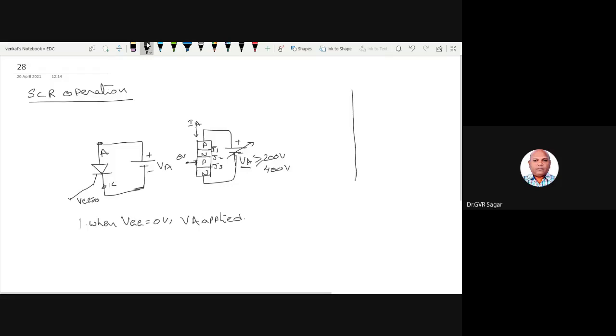These VA characteristics are drawn between the anode current IA and the anode voltage VA, the forward voltage VF. Initially the voltage is 0, and now the voltage is slowly increasing.